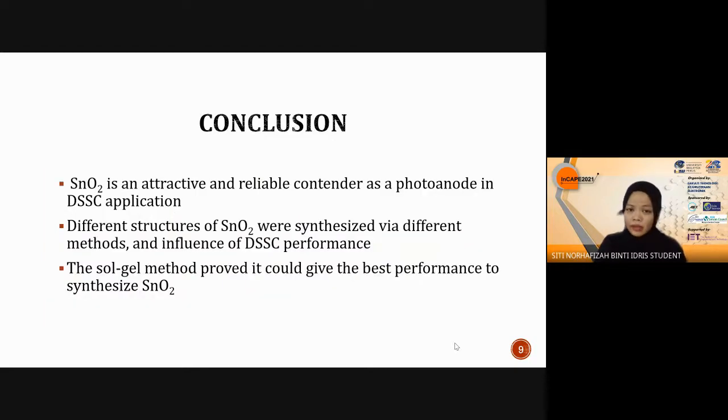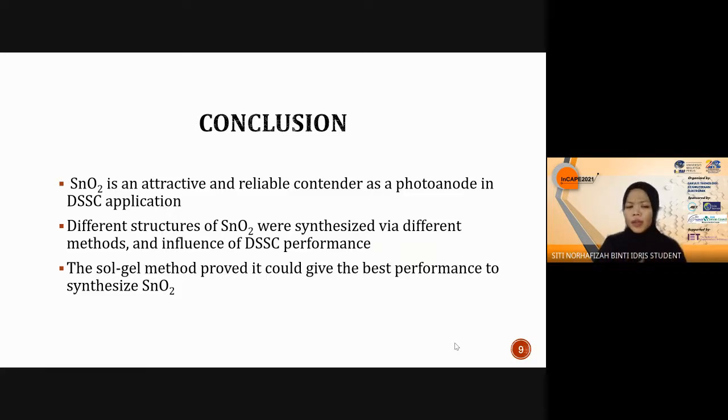In my conclusion, tin oxide is an attractive and reliable contender as a photoanode in the DSSC application. There are various options for the technique in tin oxide fabrication, and different structures were formed and influenced the DSSC performance.